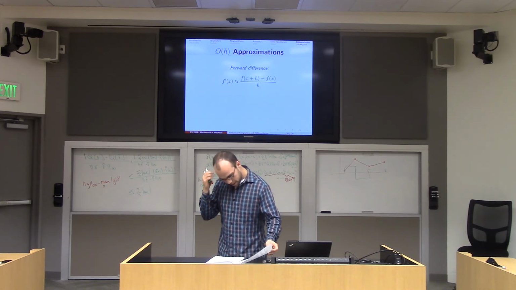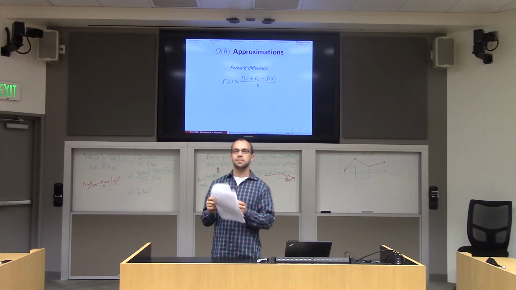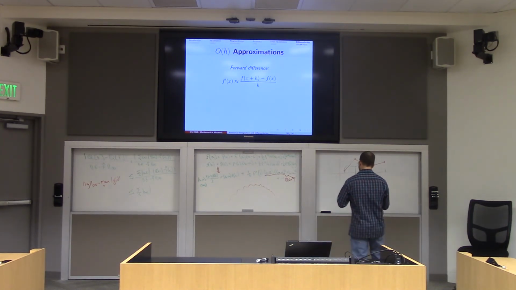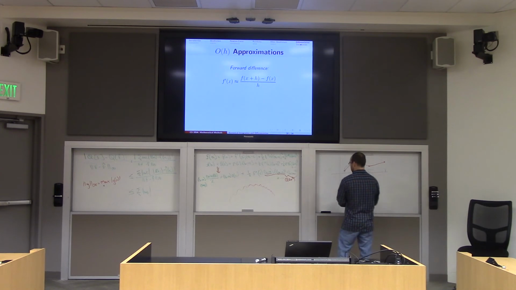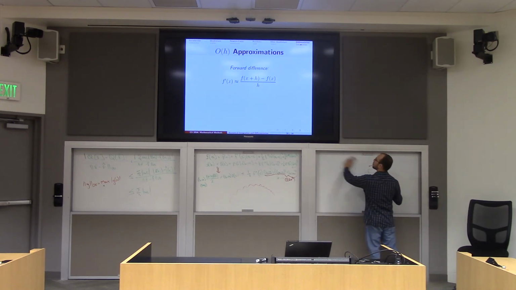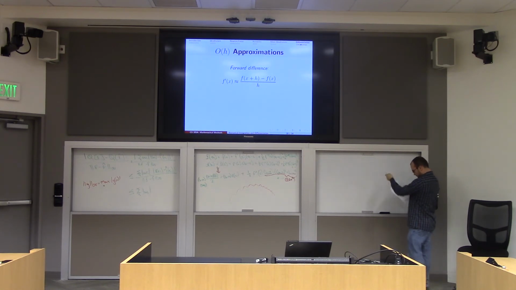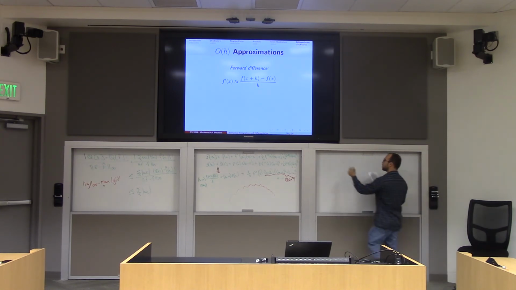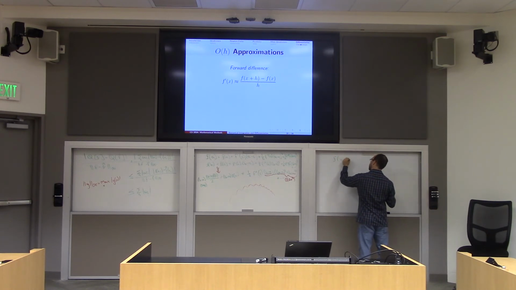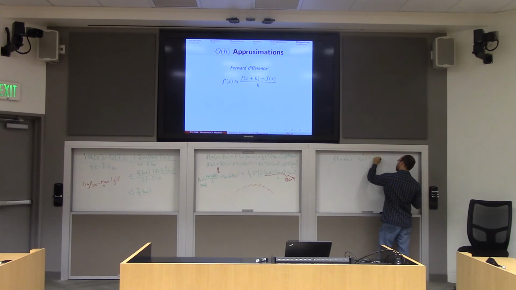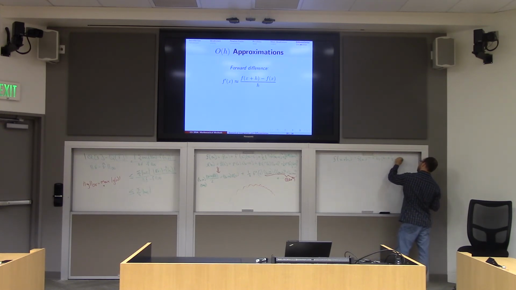Just like we talked about the quality of our integration schemes, we have to talk about the quality of our differentiation schemes. And this is, yet again, another subtle point. So for example, let's say that I use this forward differencing scheme, the most obvious formula. Then what happens? Well, we know that f of x plus h is equal to f of x plus f prime of x times h plus 1/2 f double prime of x times h squared plus dot dot dot.